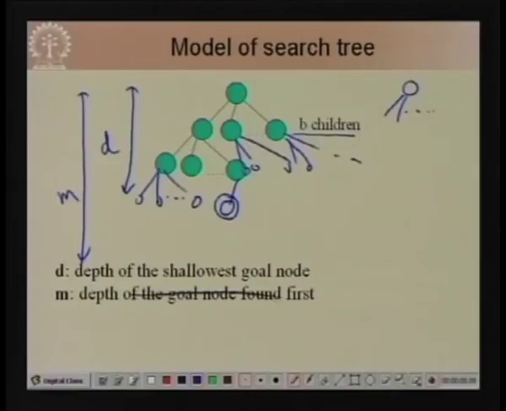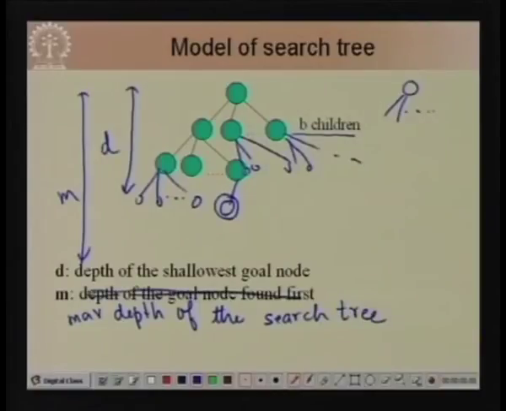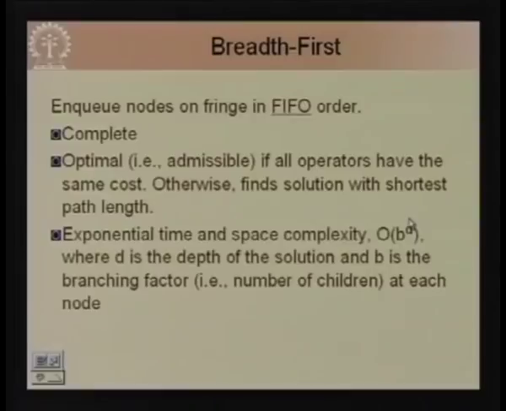So, M is the maximum depth of the search tree. So, D is the depth of the shallowest goal node, M is the maximum depth of the search tree, and we have a uniform search tree where each node has exactly B children except the leaf nodes. So, under this assumption, let us look at the properties of breadth first search.